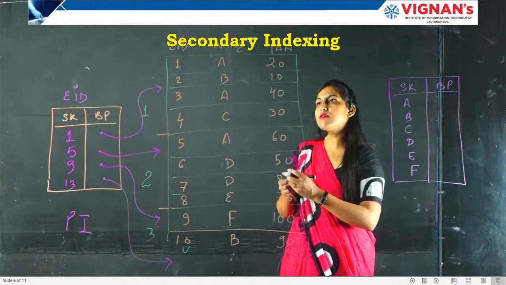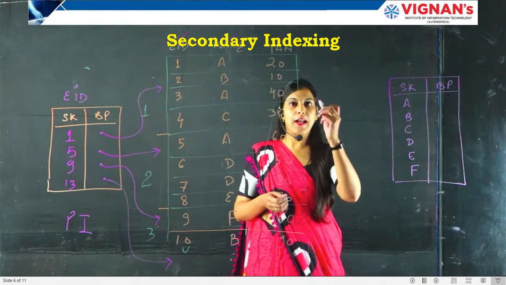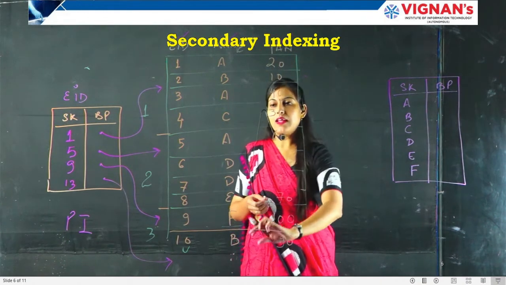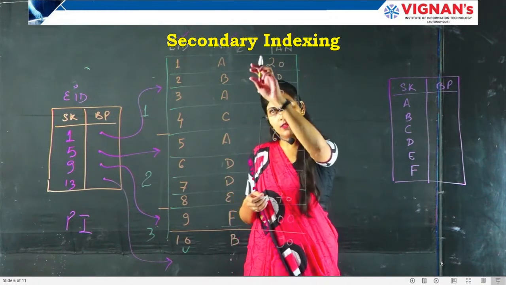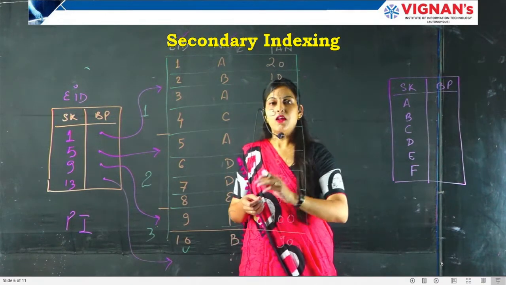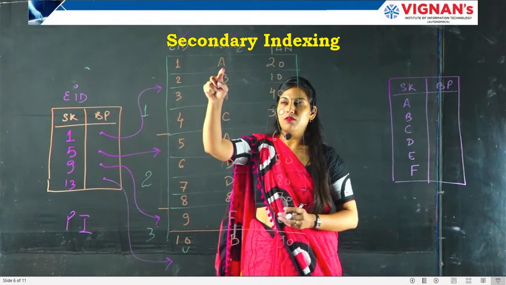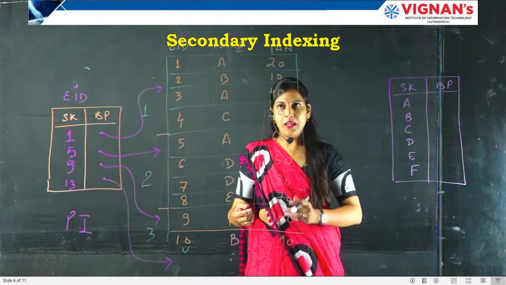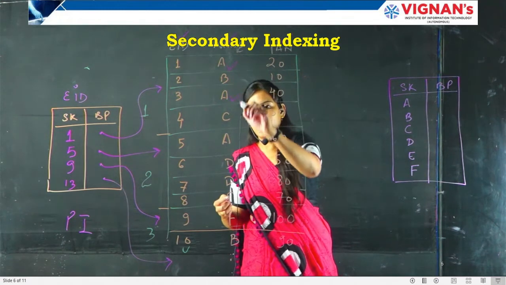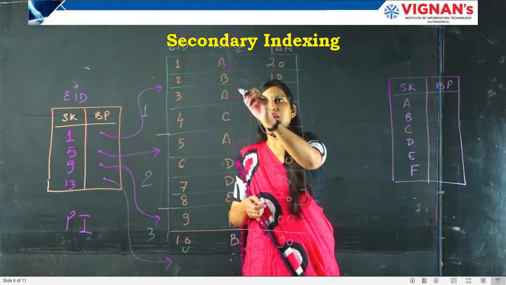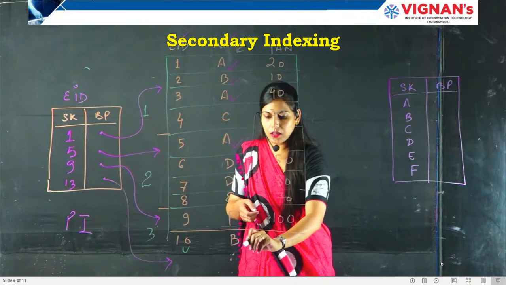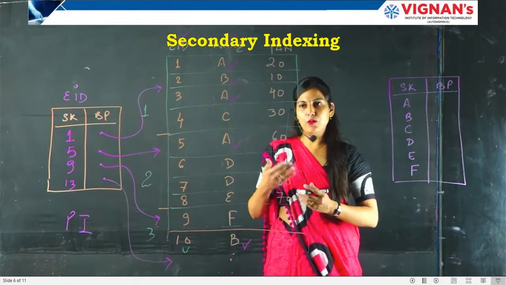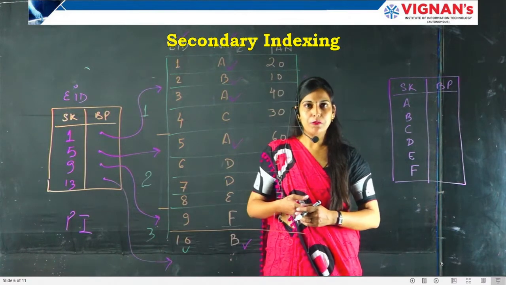Here in this example we have one attribute, employee name, whose values are unordered and also duplicate, because we can see that multiple employees have the same name A, again employee with name B, employee with name C, B. So duplicate records with the same values are present in my data file.